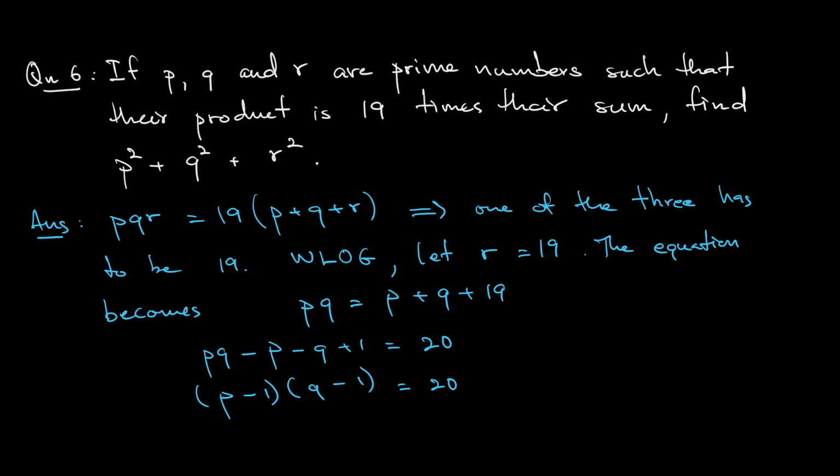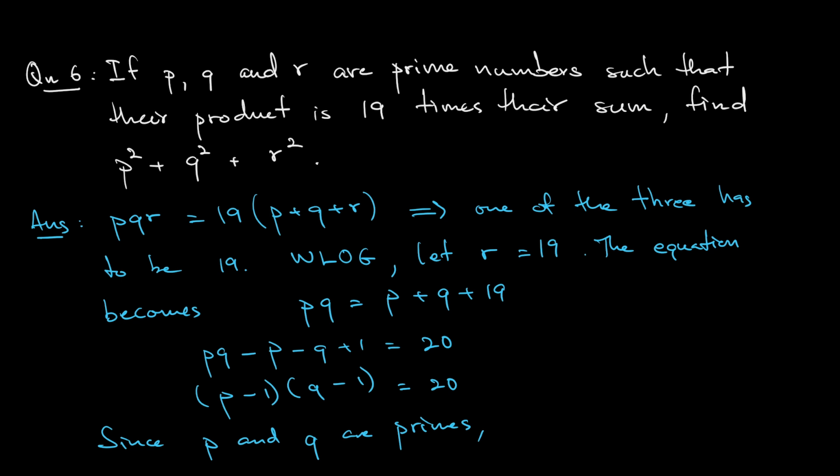Since P and Q are prime numbers, okay. So since P and Q are primes, meaning that the only way that it works here is 4 times 5. Okay, so no, it's 2 times 10. Sorry. So 20 is equal to 2 times 10.